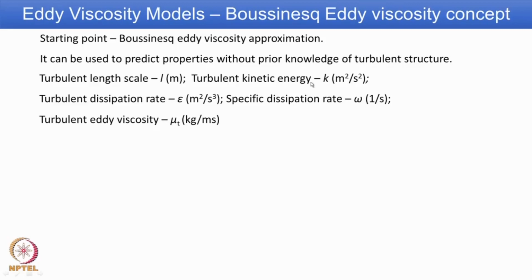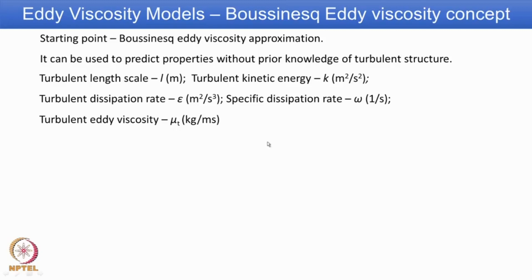Turbulent kinetic energy, symbol k, which is square of the velocity, so meter squared per second squared. Turbulent dissipation rate, epsilon, which is rate of dissipation of energy, so it becomes meter squared per second cubed. Then specific dissipation rate omega, which is 1 upon s.